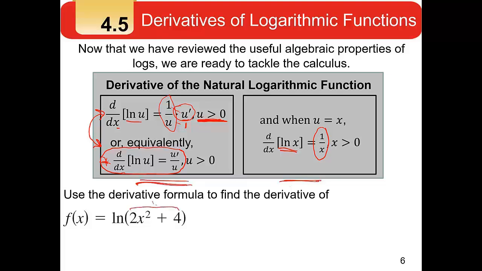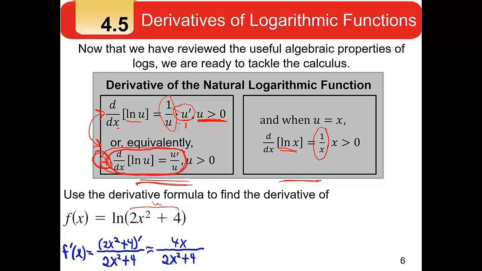You're going to think of that 2x squared plus 4 as being the u in the formula, and then you go back to this formula up here and you write u prime over u. Well, u prime is the derivative of 2x squared plus 4, over 2x squared plus 4.